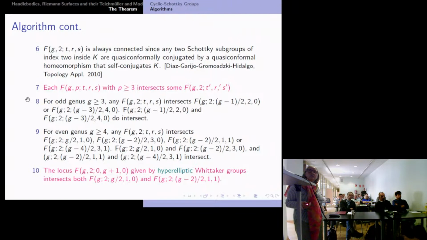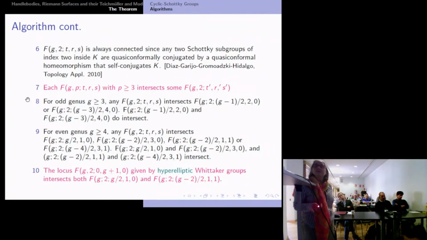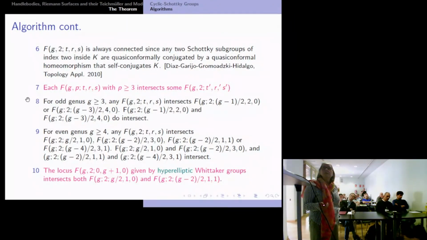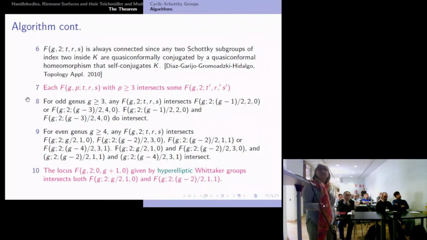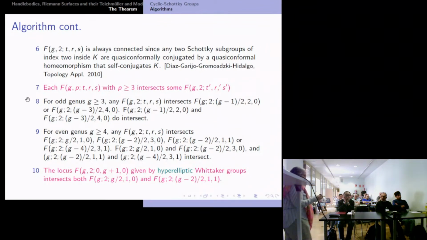And for all genus, it only depends on whether the T is even or odd. So any of these families will cut family 1 or family 2, depending on whether the T is even or the T is odd. And we can find that in fact they cut each other, so we are getting a connection.